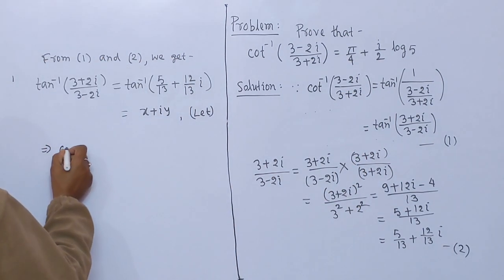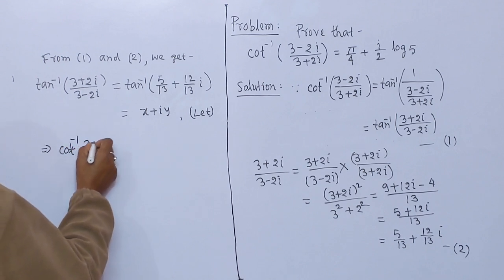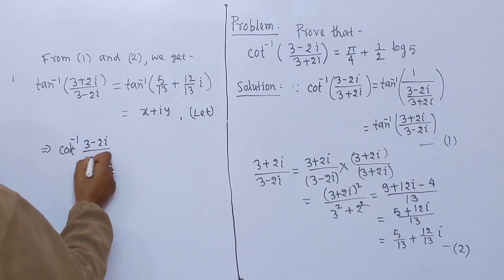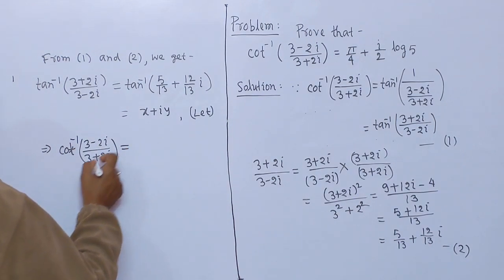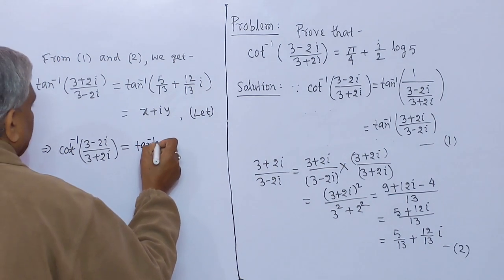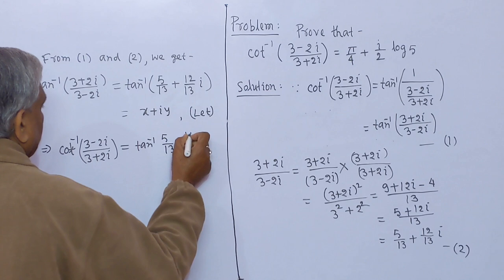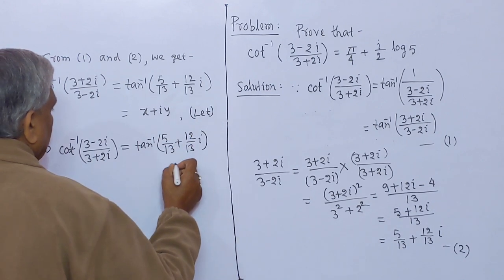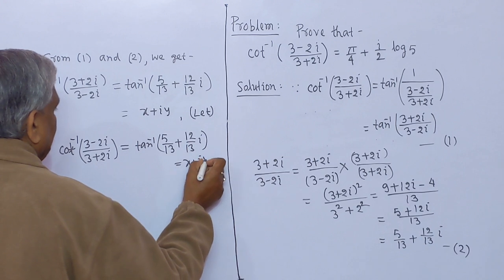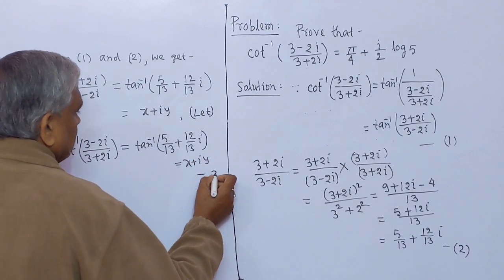Therefore cot inverse of (3 minus 2i) by (3 plus 2i) equals tan inverse of 5 by 13 plus 12 by 13 i, equals x plus iy. Let this be number 3.